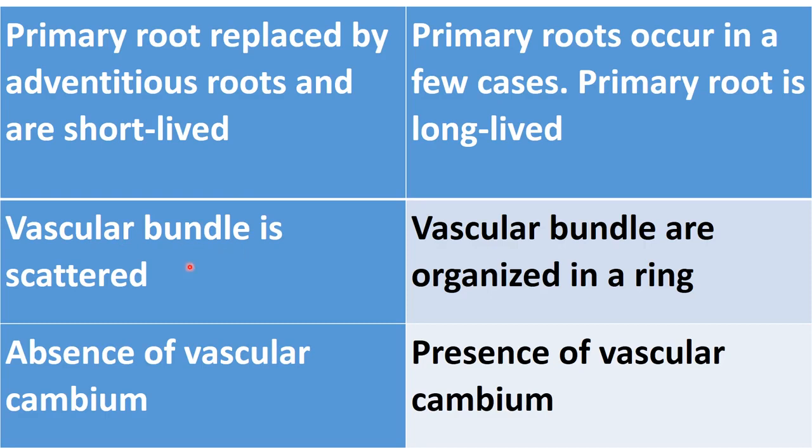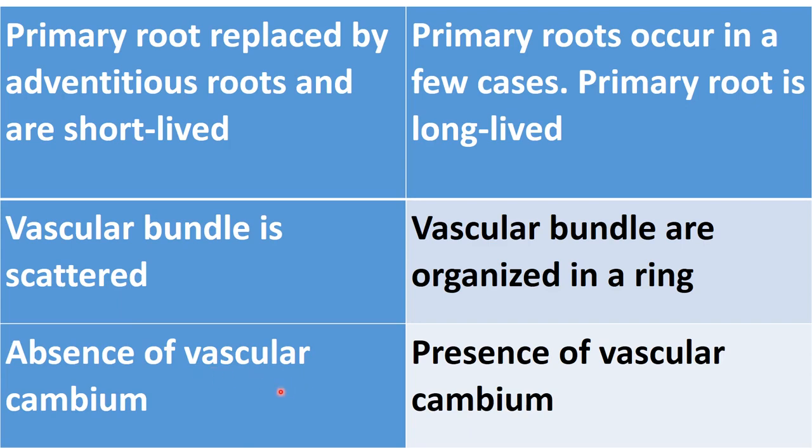Now, vascular bundles are scattered. Vascular bundle means xylem and phloem, and it is scattered in case of monocots. And in case of dicots, those vascular bundles are organized in a ring, in a circle. But in monocots, these vascular bundles are scattered here and there, not organized. Then in monocots, vascular cambium is absent.